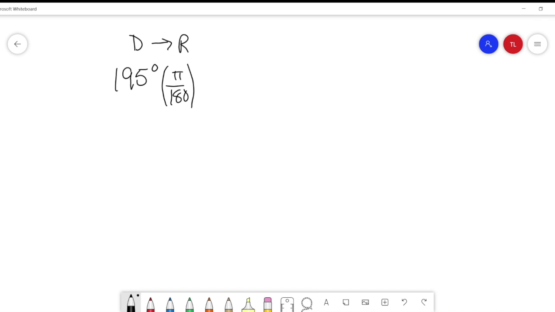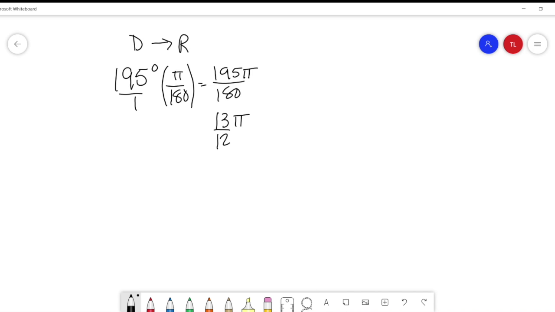Now, we're talking fractions. We're not talking decimals. So don't change this to any decimal. So that's 195 pi over 180. You go in there and tell me what it simplifies to. You got 13 pi over what? 12. 13 pi over 12.